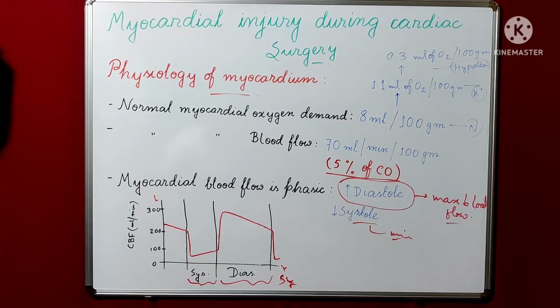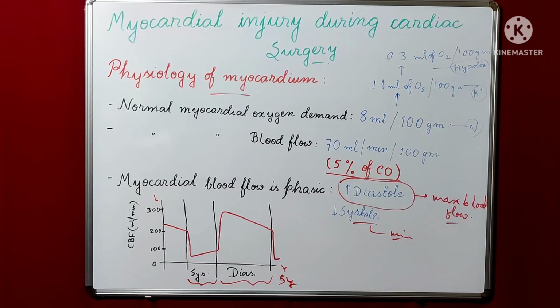Why? Because the right ventricle gets its nutritive flow almost throughout the whole cardiac cycle. Now, how can the right ventricle get its flow throughout the whole cardiac cycle?